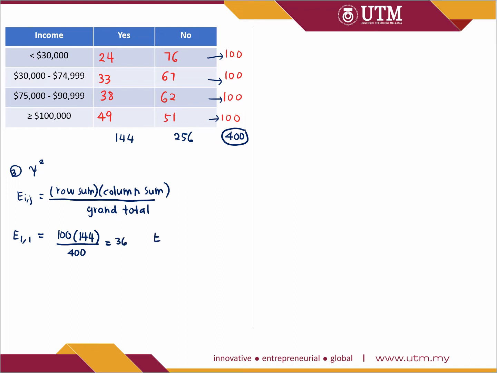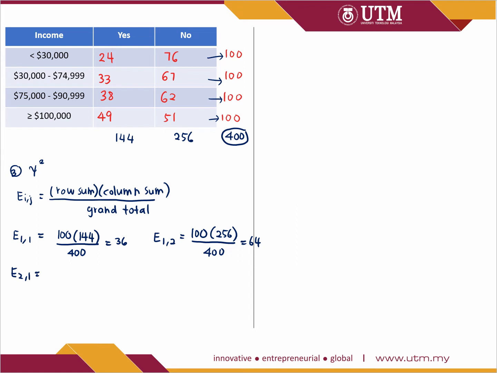Same goes for E12, first row, second column: 100 times 256 divided by 400, which is equal to 64. And then you can go through the next one.